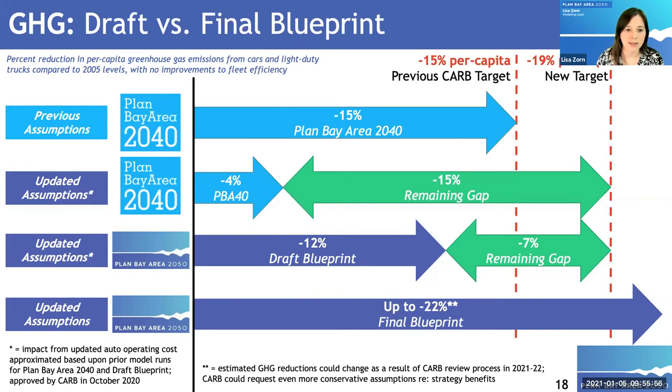meets the state target. Of course, the up to 22% language is intentional. CARB could require even more conservative assumptions on select strategy calculations that could move us backward. For example, due to the governor's executive order to ban non-electric vehicles in 2035, CARB has already started to float removing half of the greenhouse gas reductions associated with electric vehicle strategies.